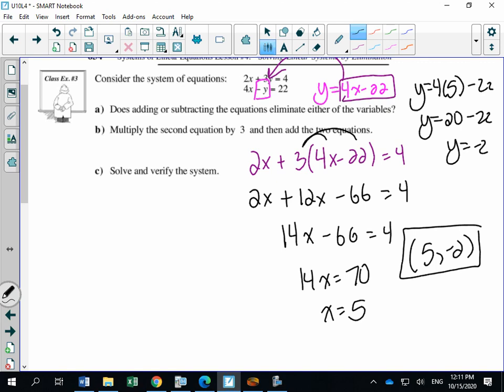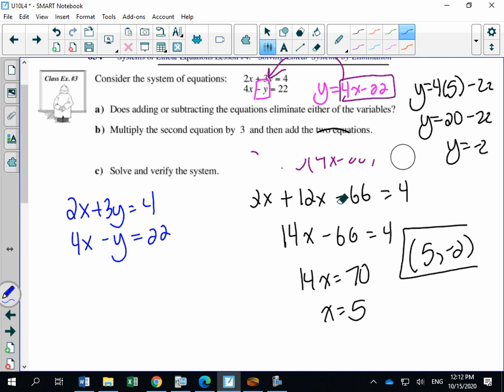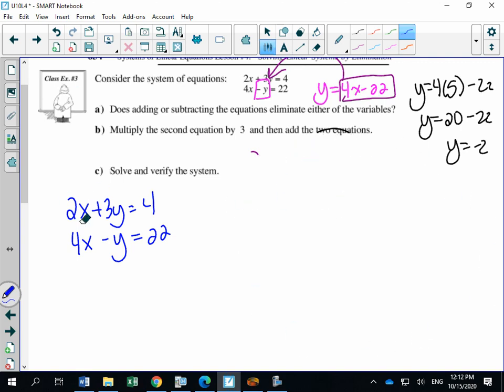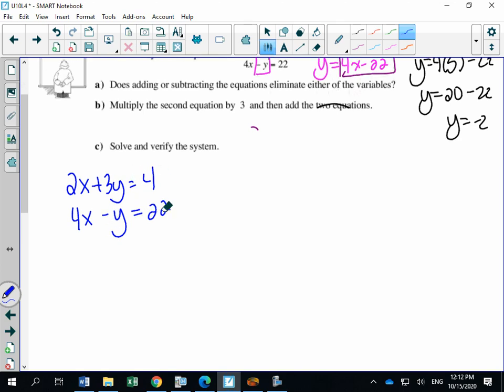Let's do the exact same thing, and now we're going to do elimination. So you need to find just a place to write this. Let's write our two systems again. So 2x plus 3y equals 4. And we got this system here. Okay, so you're going to say to yourself, let's see, I got my x's lined up, I got my y's lined up, I've got my equals lined up, and I've got my numbers lined up.